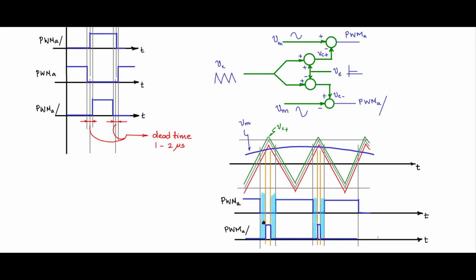So this is the dead band that will be used to protect against or avoid any shoot through currents in the arms of the full bridge circuit. In this way, you can implement a sinusoidal PWM with dead band generation, or dead time generation, to obtain a single phase sinusoidal pulse width modulated inverter.